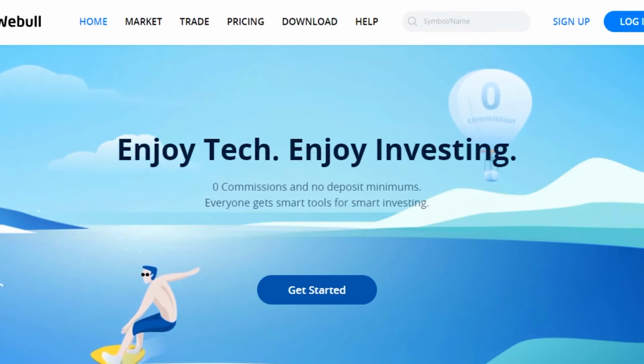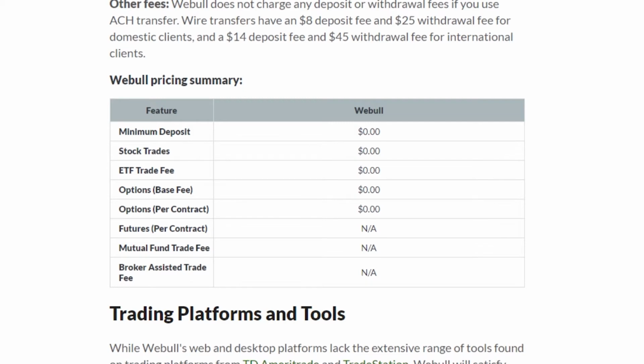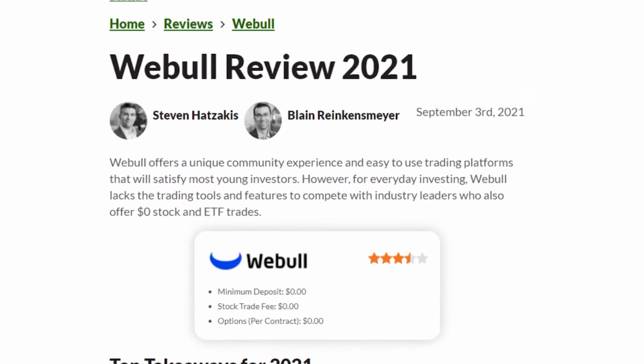There are no base fee or stock fee or minimum deposit, but on Fidelity there is a fee. So in this matter, I think this point goes to WEBULL and the customer service point goes to Fidelity. So just so you can keep track of the points as well.